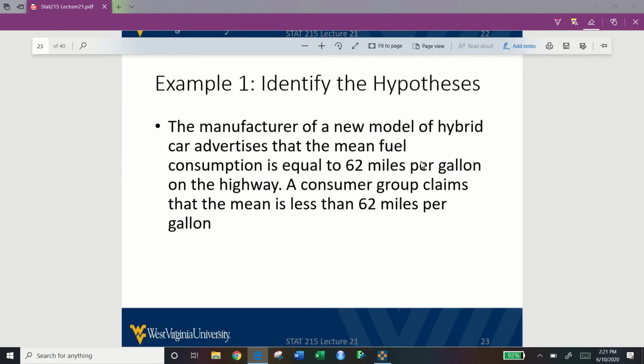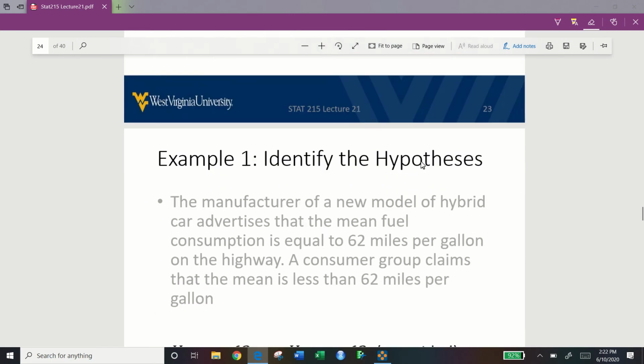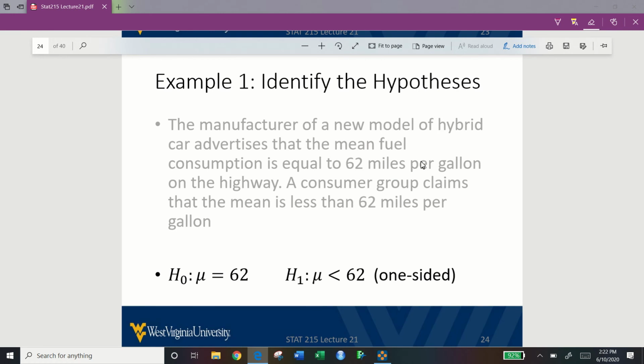Let's take a look at an example identifying the hypotheses. The manufacturer of a new model of hybrid car advertises that the mean fuel consumption is equal to 62 miles per gallon on the highway. A consumer group claims that the mean is less than 62 miles per gallon. Notice that we were talking about means, not proportions, so our parameter of interest is going to be mu.